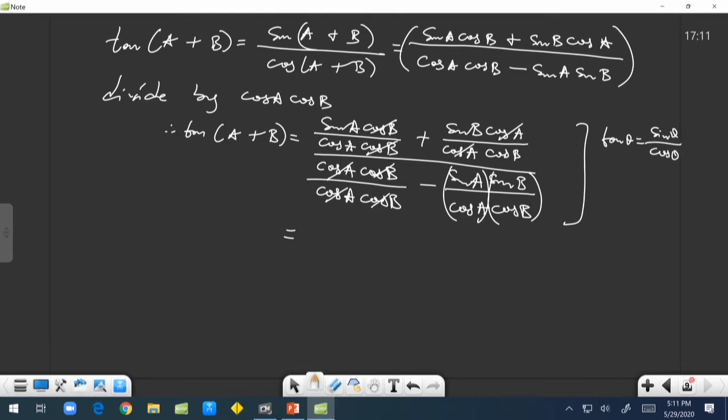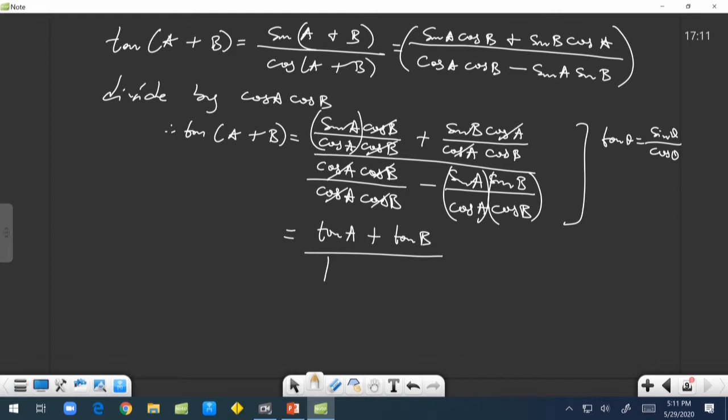So we apply it in solving that. Sine A over this will give us tan A. So we have tan A for this. That's tan A plus sine B over cos B, which will give us tan B. So we have tan B divided by, what we have here is 1.